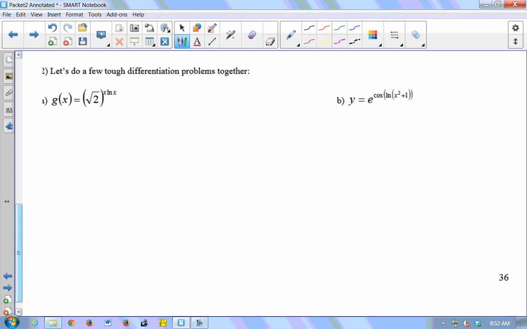So let's just put a little box here and pretend that that was just a plain old x, right? What's the derivative of square root of 2 to the x?